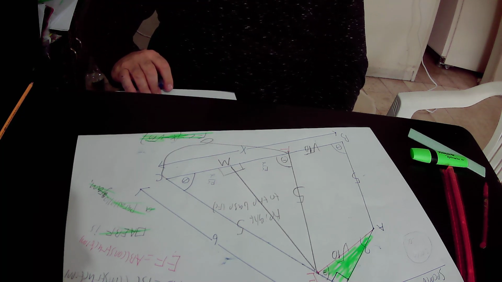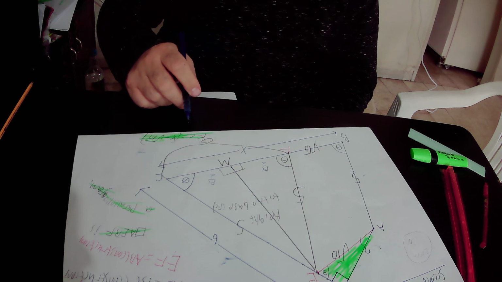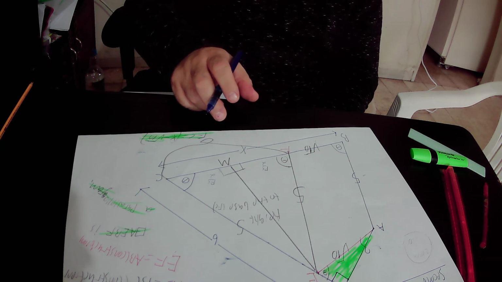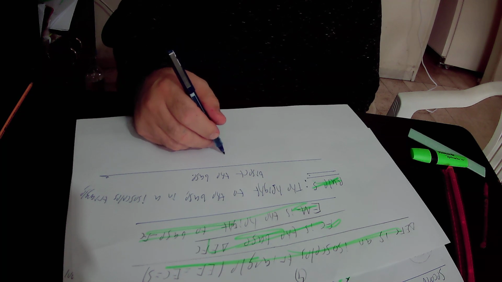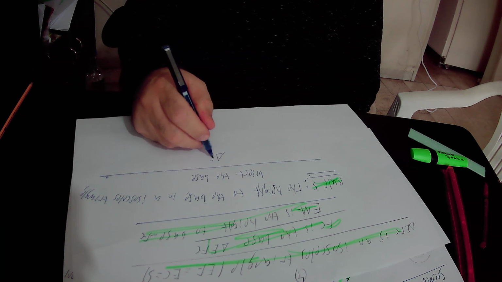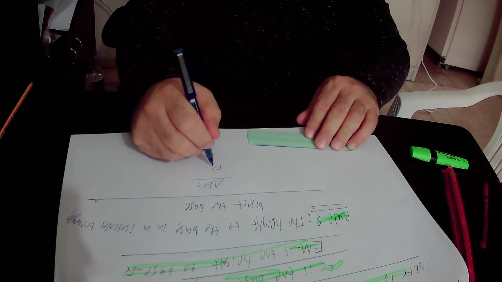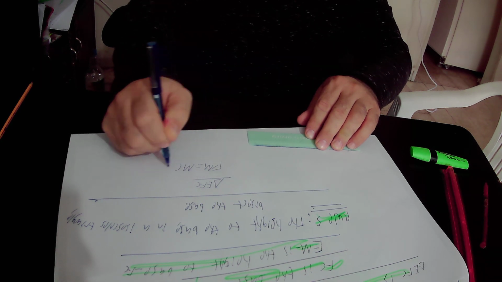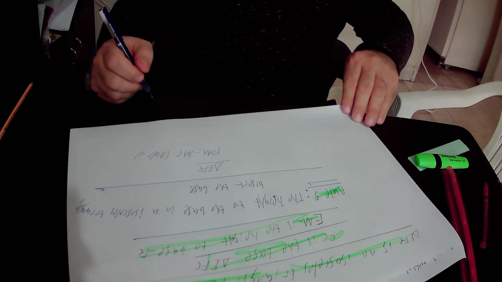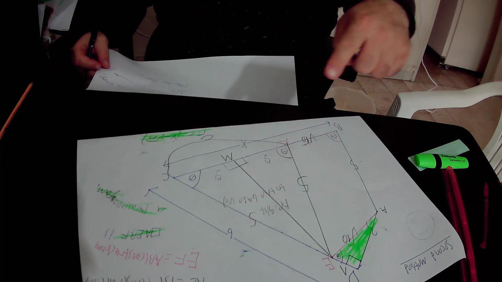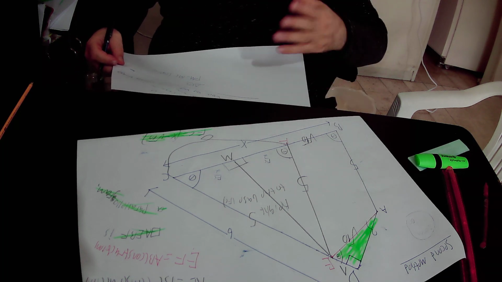Because the height EM bisects the base FC, it divides it into two equal parts, that is to say FM equals MC, in the isosceles triangle EFC, according to rule number 5.